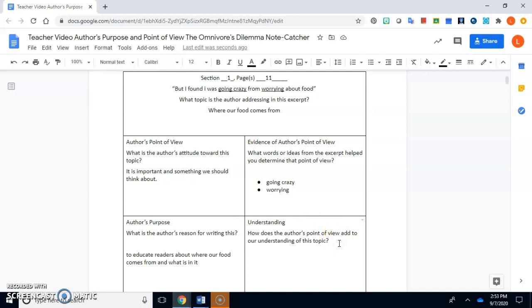So, how does the author's point of view add to our understanding of this topic? So, if his point of view is that food and where it comes from is important, how does that add to our understanding of this topic?